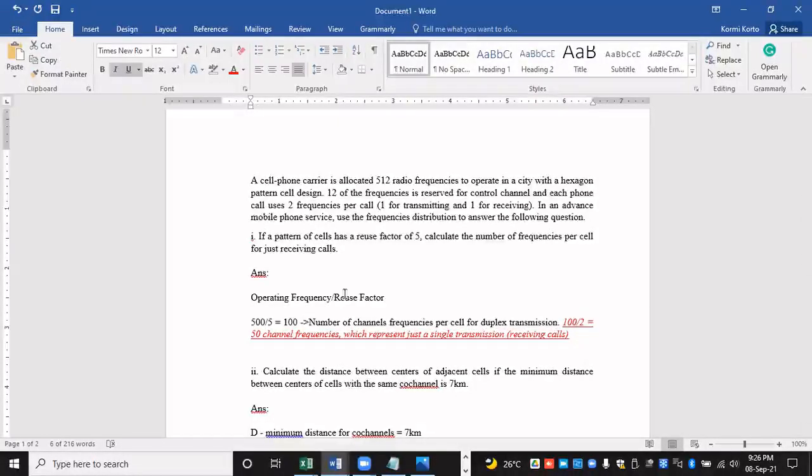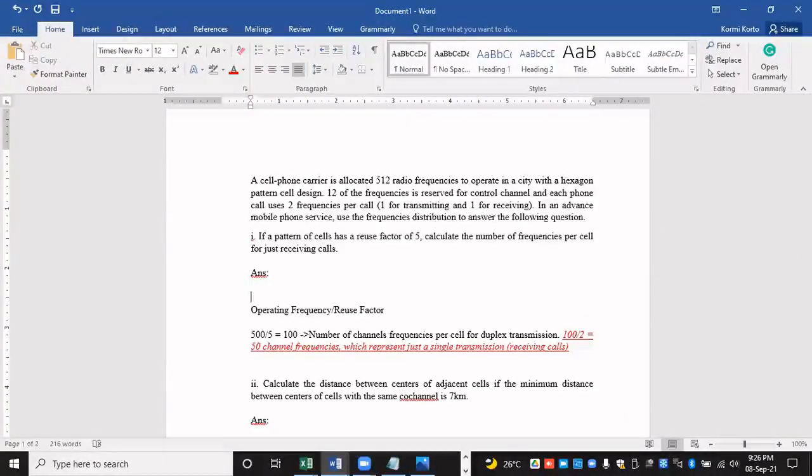So over here, I can say that we got the 500. The actual operating frequency is equal to 512 minus 12, which is your 500.